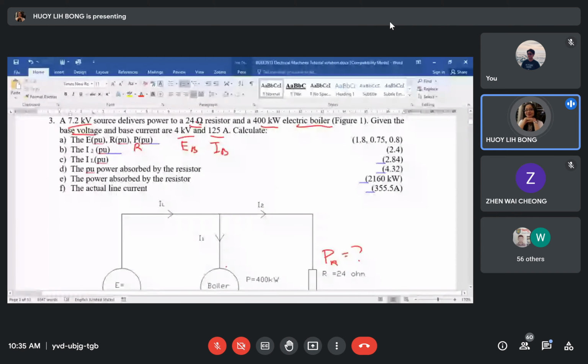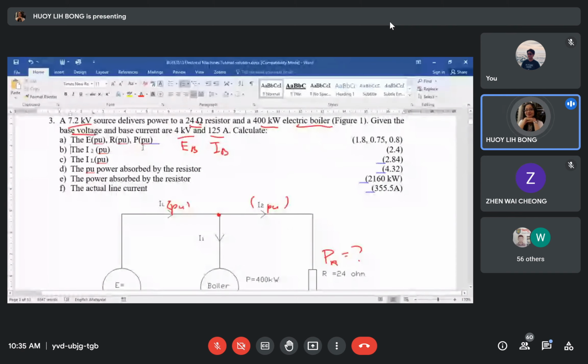The next one, they ask you to find the I2 per unit and I1 or the line current per unit. You can use Kirchhoff's current law since it's going down here. Per unit power absorbed by the resistor. Sorry, this one I think is the boiler, P per unit.